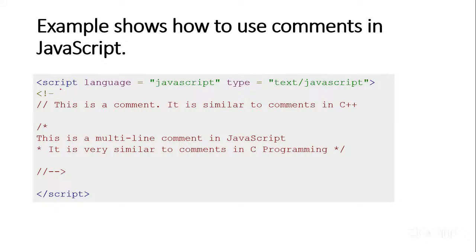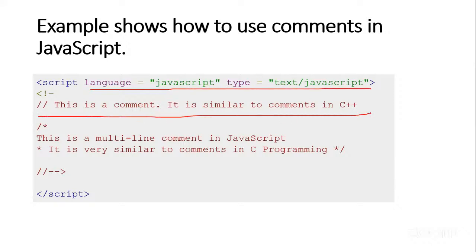See this script, language and type are optional. If you want to write them, you can. So this is a single line statement. I want to write a statement and make that statement a comment. For that, we use double forward slashes because I want to make a single line a comment line. Now this single line will be ignored.